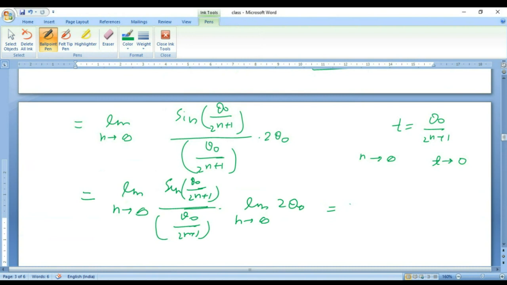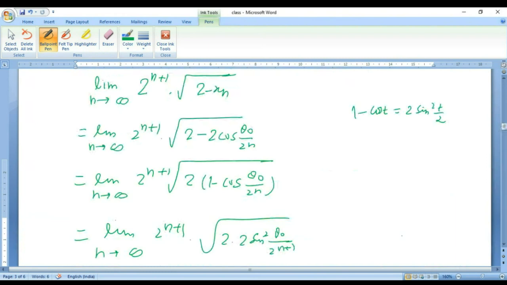The first limit equals 1. The second has no n in it. It's just 2 theta naught. And now we get back to our theta naught. Our theta naught was pi over 6. And so 2 times pi over 6. That answer becomes pi over 3. So that's my final answer, pi over 3.